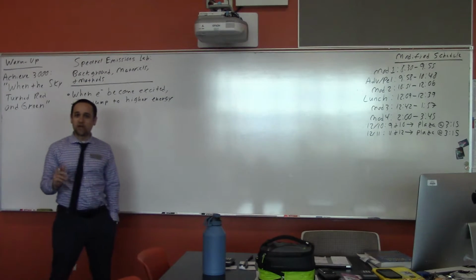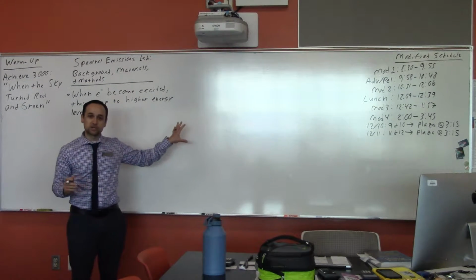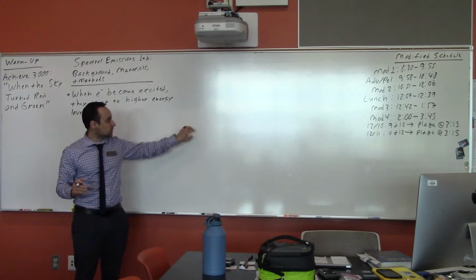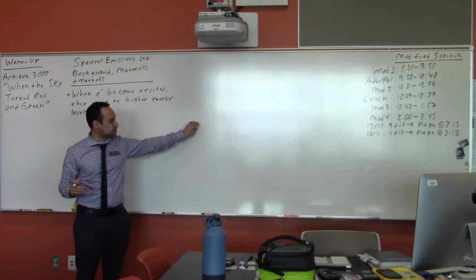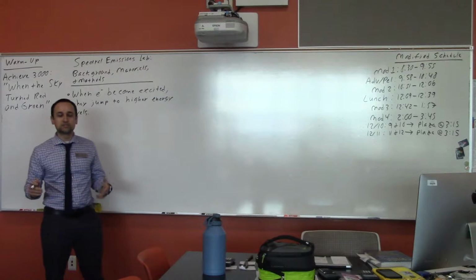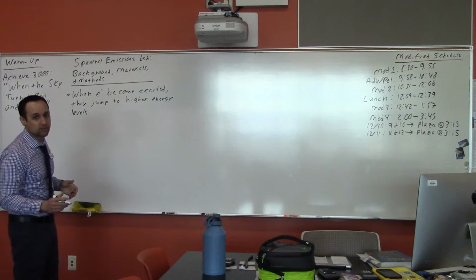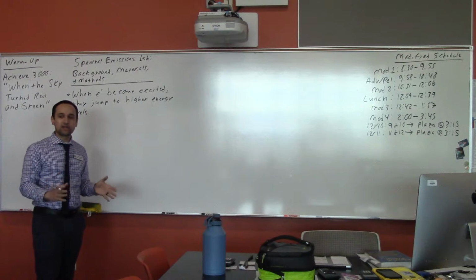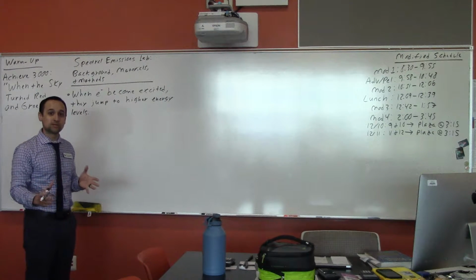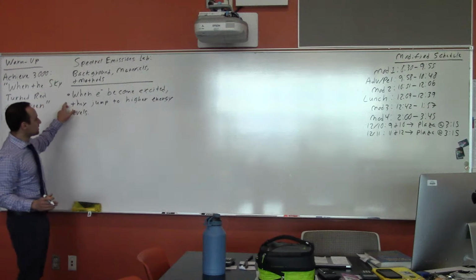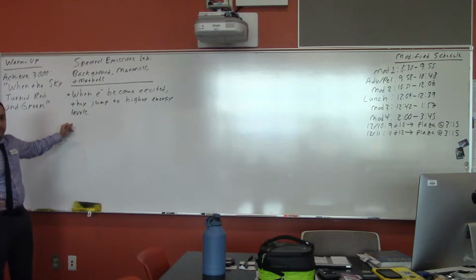And we showed this in our last lecture with our atomic structure diagrams, okay? We showed a little electron in like the first energy shell jumping up to the third energy shell and then later on falling back down into the second energy shell from the third energy shell. So that's in that lecture's video if you want to go back and see what that looks like, okay? So when electrons become excited, they jump to higher energy levels.